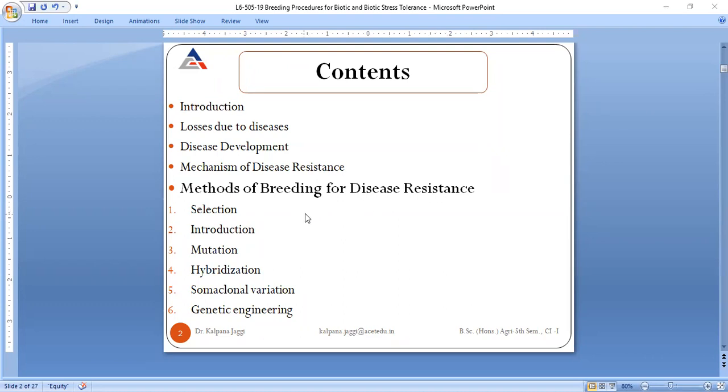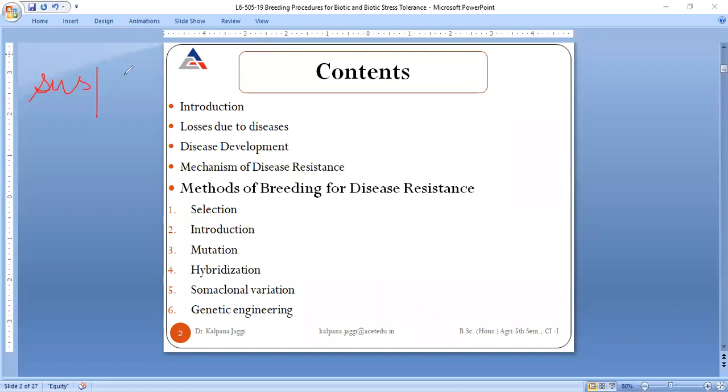When we go for breeding for disease resistance, we have a number of methodologies by which we can create a variety that is no more susceptible to the disease. Again and again, students, I will be putting stress on two terms.